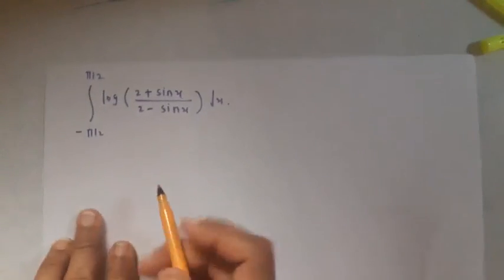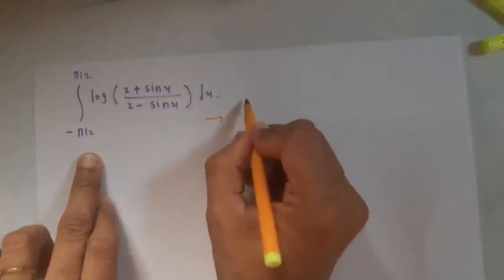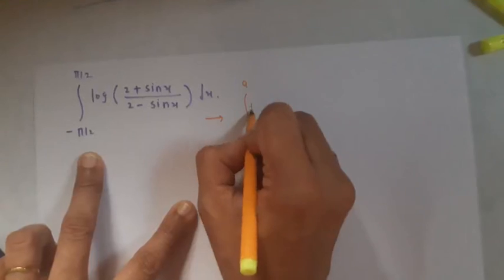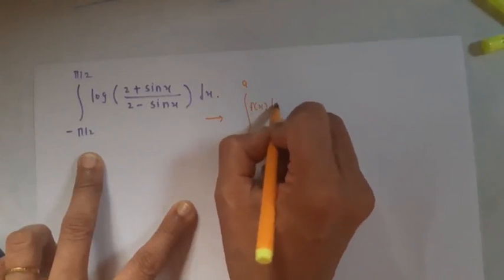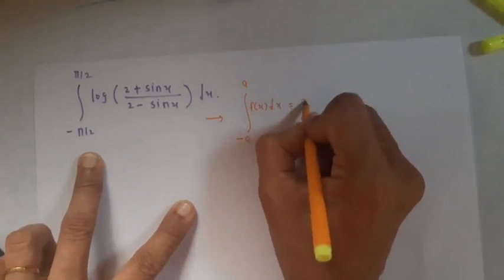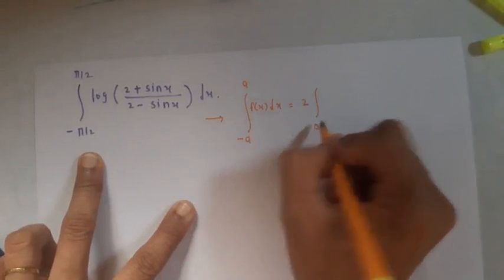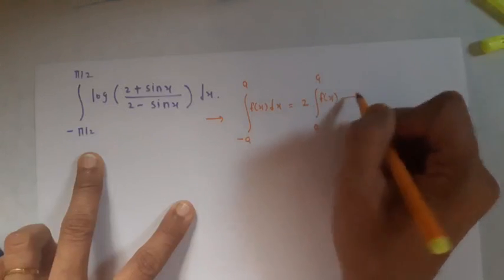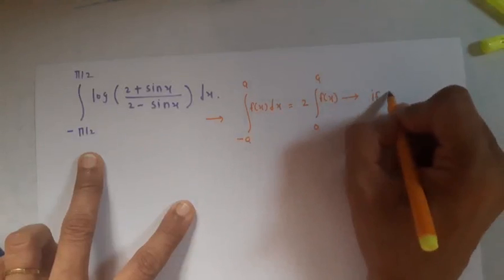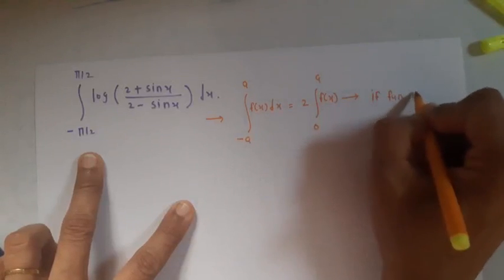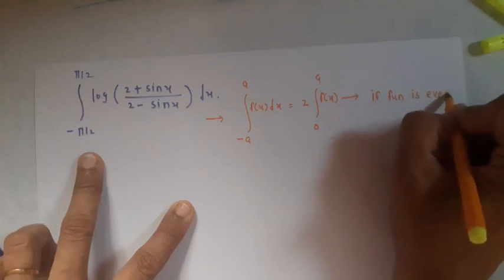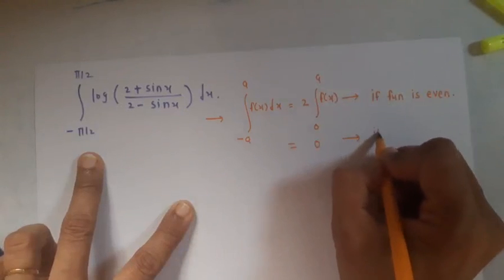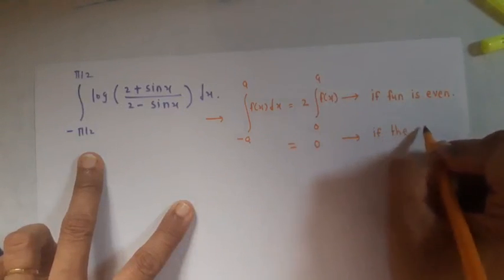See students, this is similar to the property with limits of integration minus a to a. The integration of f of x with respect to x equals 2 into integration 0 to a of f of x if the function is even, and this is equal to 0 if the function is odd.